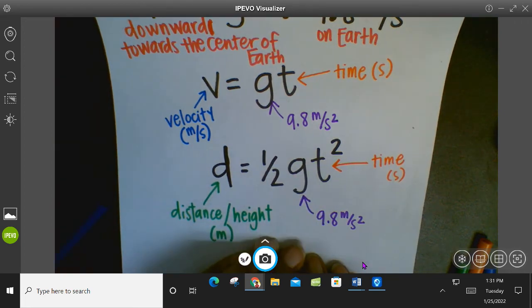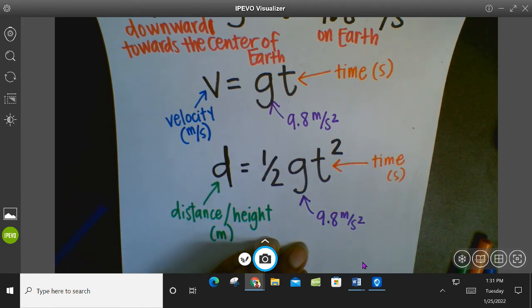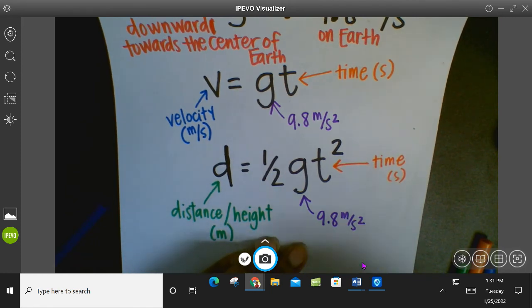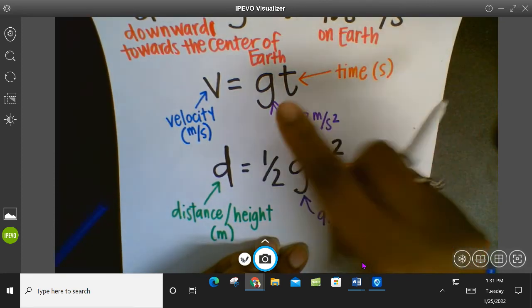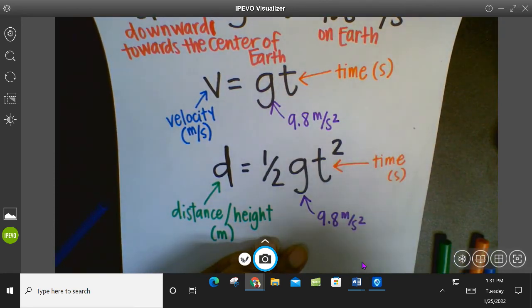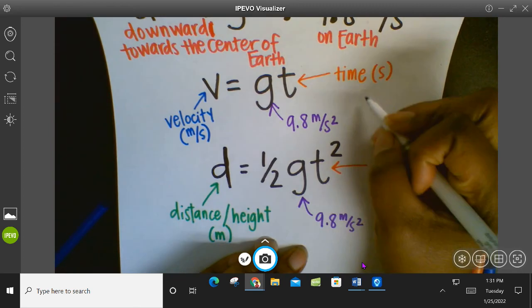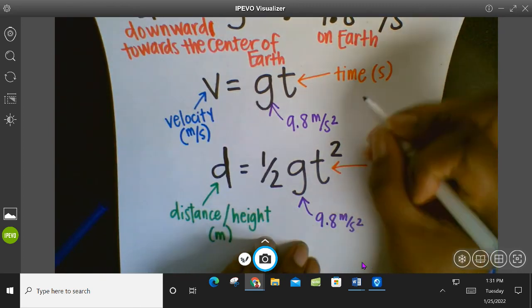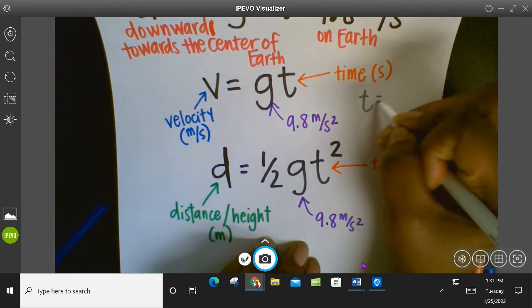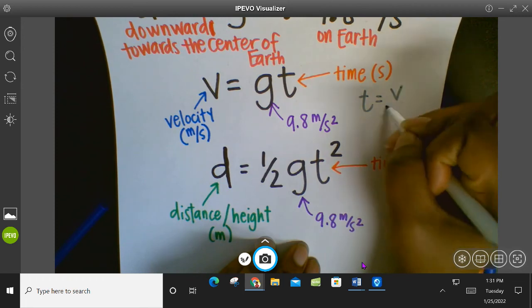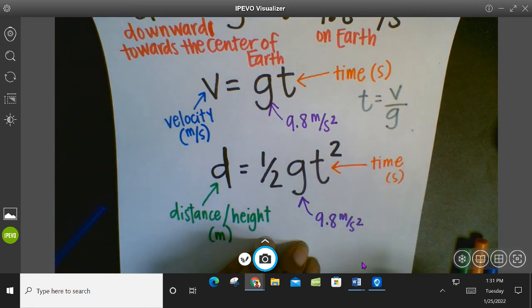The only other thing I want to bring to your attention is sometimes you'll be asked to solve for time. So if we're looking at this equation here, and if you have to calculate the time and you're given velocity, what you're going to do is take velocity and divide it by the acceleration due to gravity. Okay.